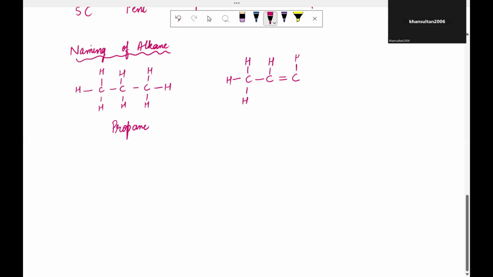There'll be one hydrogen here and one hydrogen here. Now it's fine. So we are going to call it as propene because it has a double bond and which indicates that it is basically an alkene. So let's move further towards the next question.